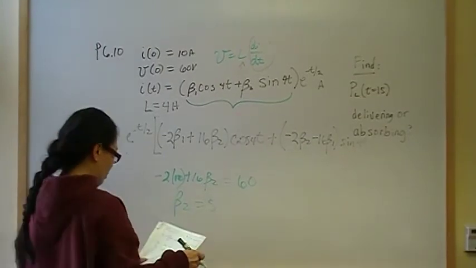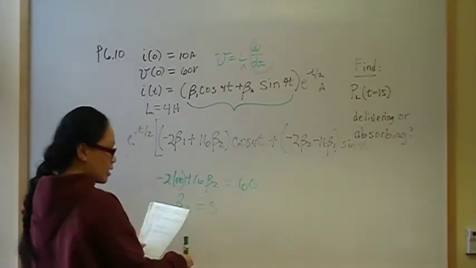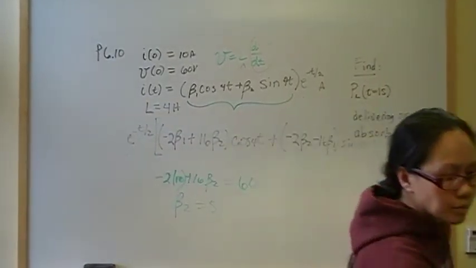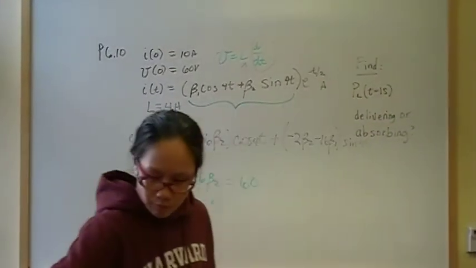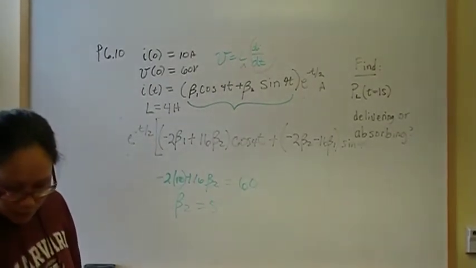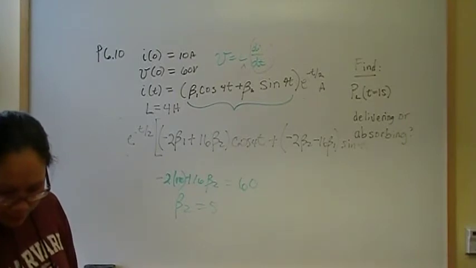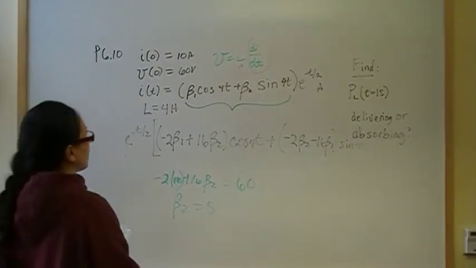Actually 80, so 80 divided by 16 should be 5, but I don't really like to do these things in my head. Okay, so beta 2 is equal to 5.